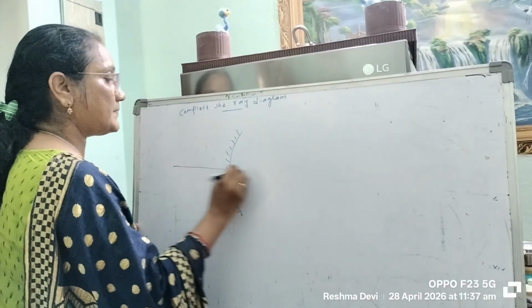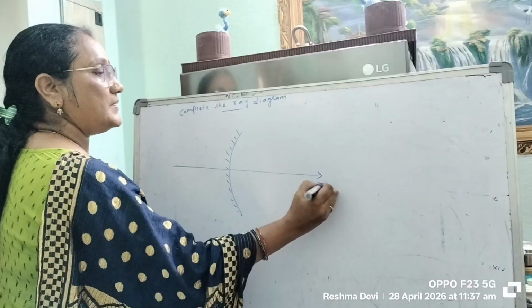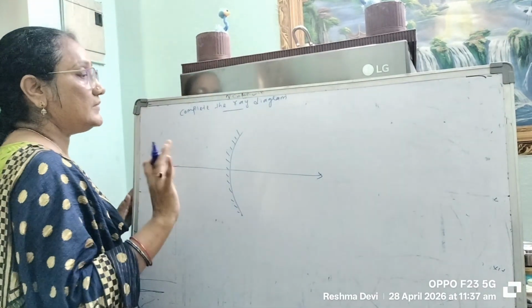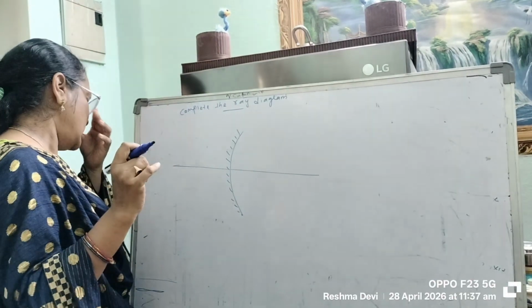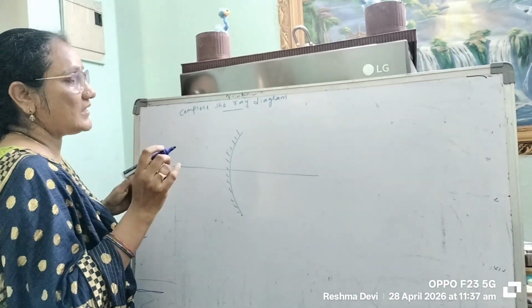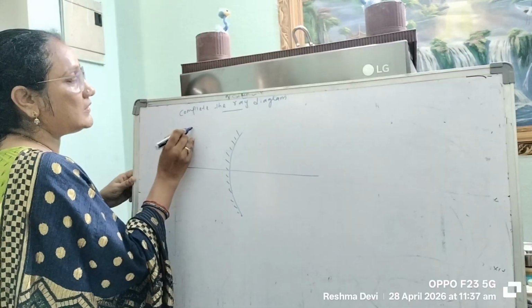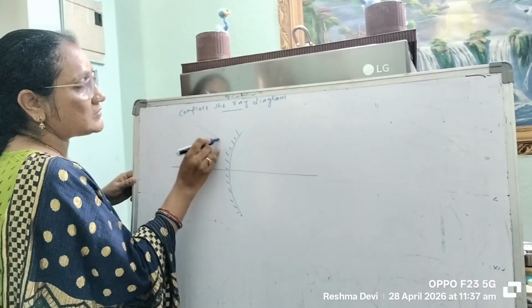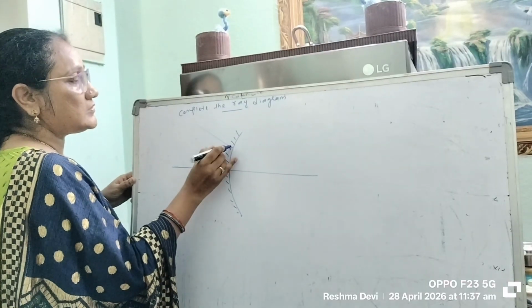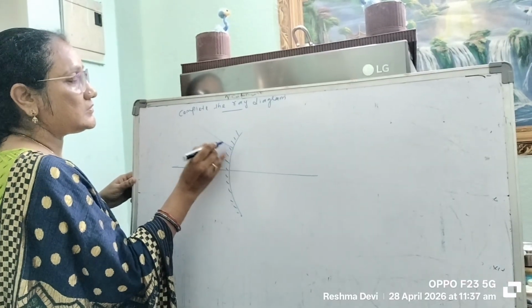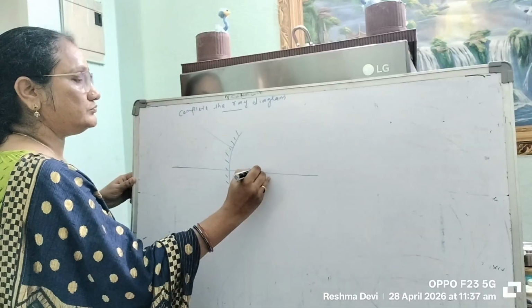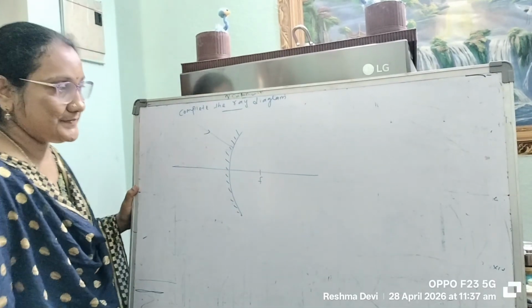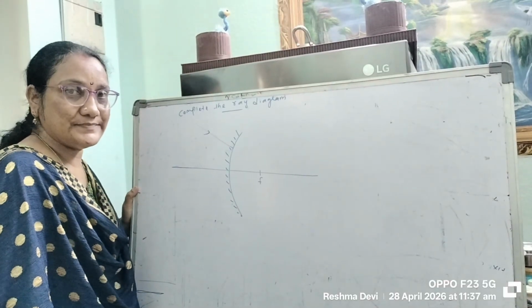Principal axis. He will not give anything. We have a ray diagram. He gave it like this, and he mentioned a focus point.